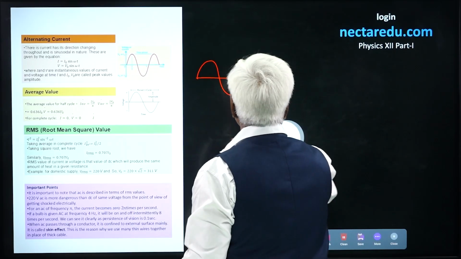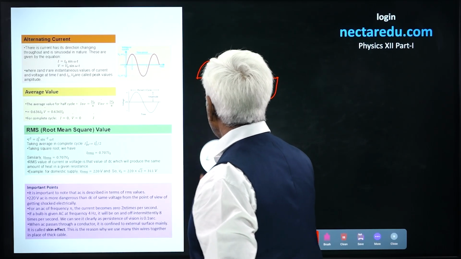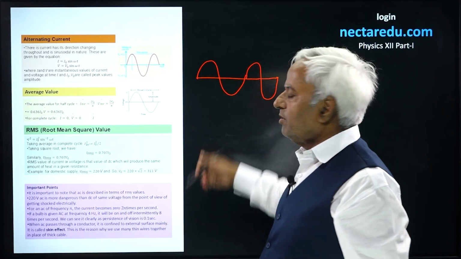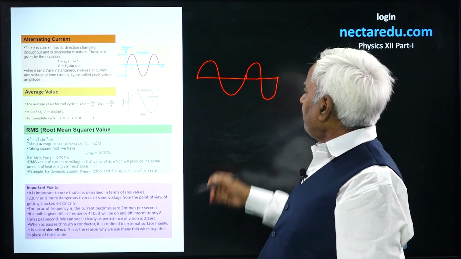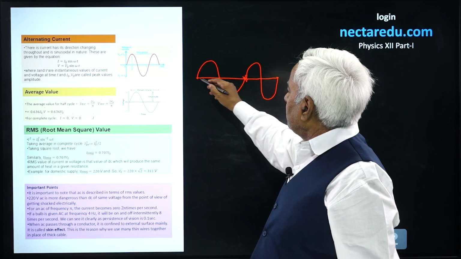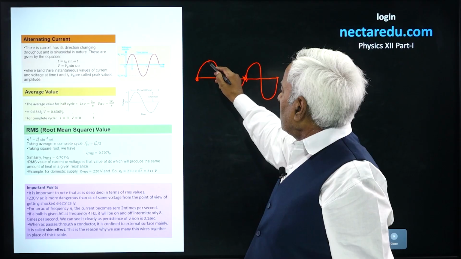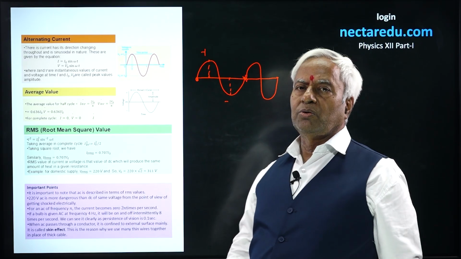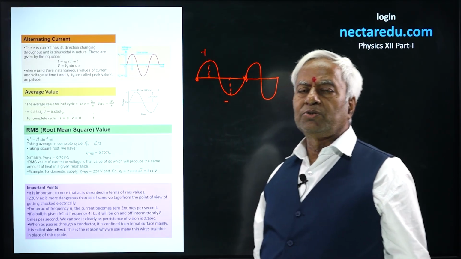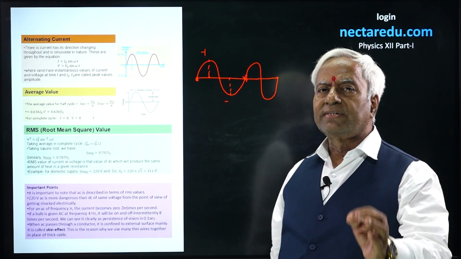Now, since the nature of the current is of regular variability, it's regularly changing, obviously we'll have to go for the average value. If we consider the average value in one complete cycle, whatever is the plus value, the same is the minus value also. Obviously, the average value is going to be 0 for a complete cycle.